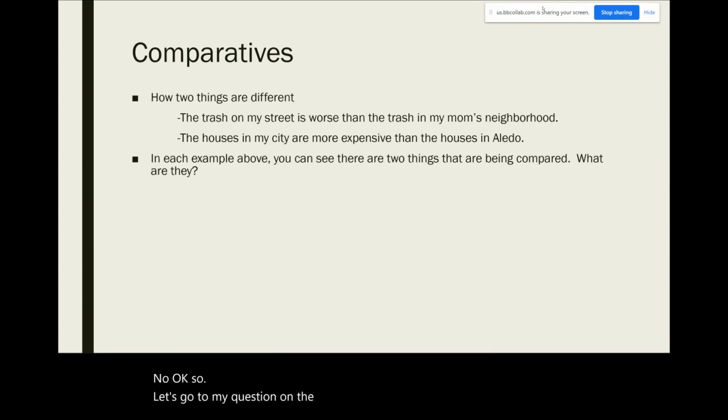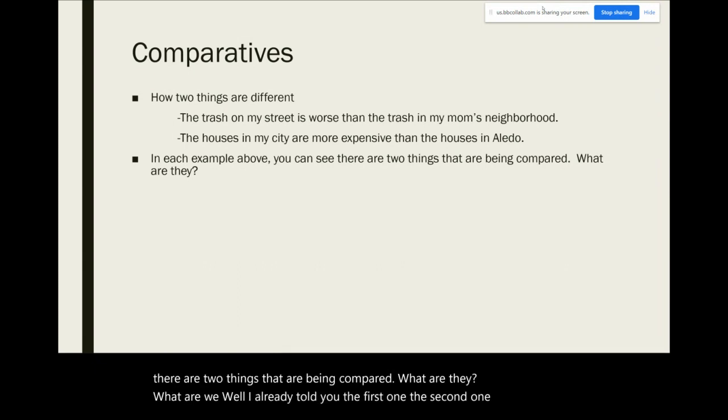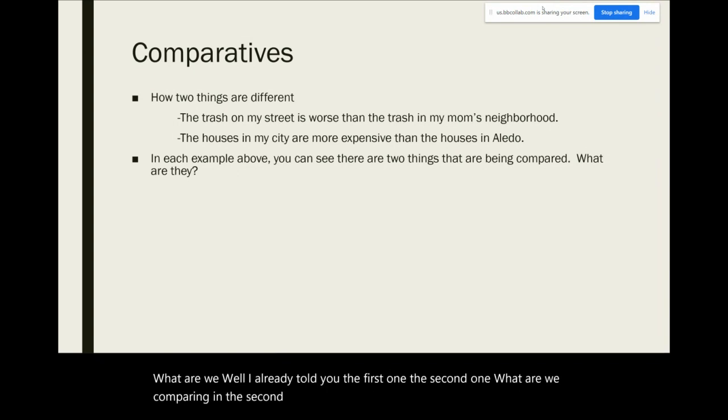So let's go to my question on the screen. In each example above, you can see there are two things that are being compared. What are they? I already told you the first one. The second one, what are we comparing in the second sentence with the houses in my city are more expensive? What two things are we comparing?